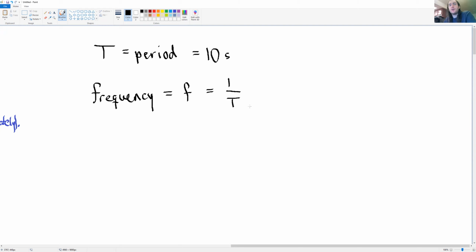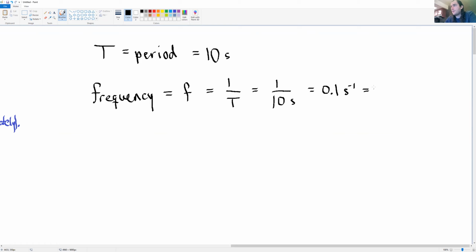It's the number of repetitions per second. So if it takes 10 seconds for one repetition, then only 1/10 of a repetition would occur in 1 second, right? Okay. So 0.1 inverse seconds.